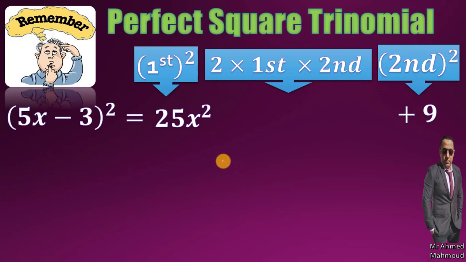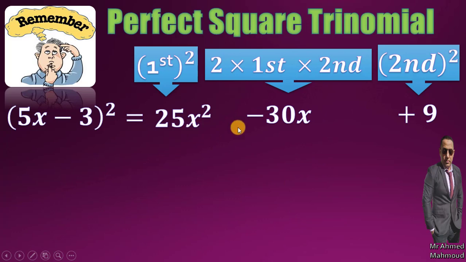So 2 times 5x times negative 3, which is 2 times 5 equals 10, times negative 3 equals negative 30, and we have x here, so the middle term is negative 30x as we see.